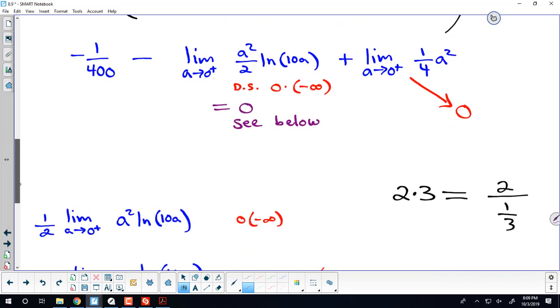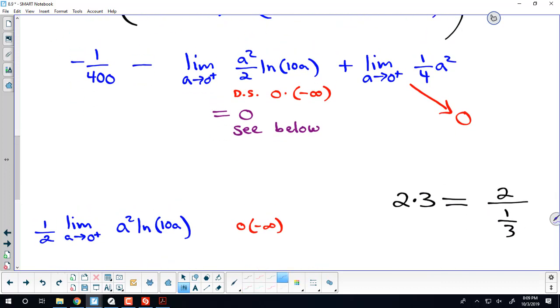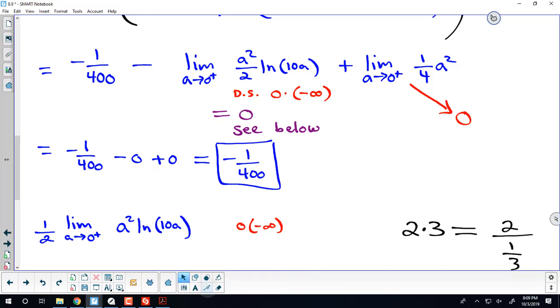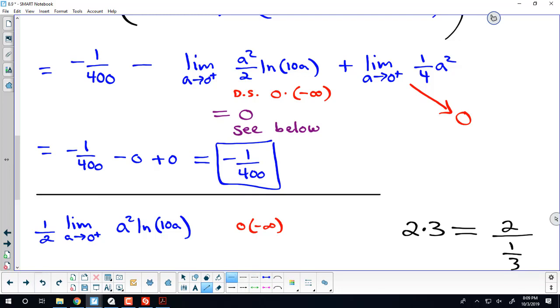Nothing, it's still there. So that's a finite, a convergent integral.